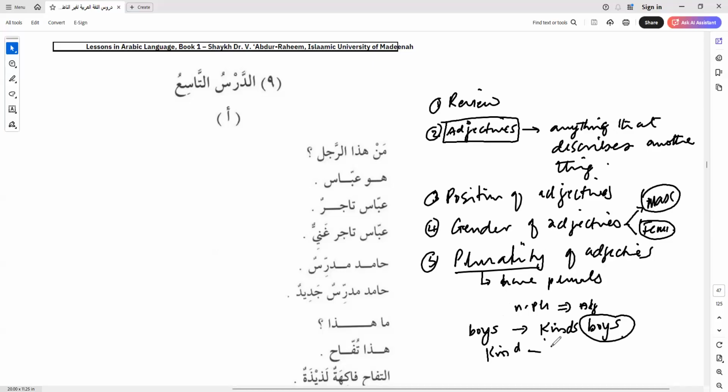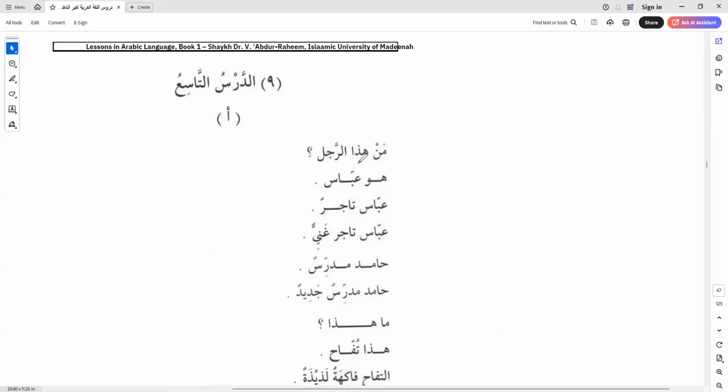So basically, it's like you're saying kind, kinds, beautiful and beautifuls. That's what Arabic does with adjectives in terms of plural. The same with gender. If you're using an adjective to describe a feminine noun, then the adjective must be feminine, and so on and so forth. So let's get started.